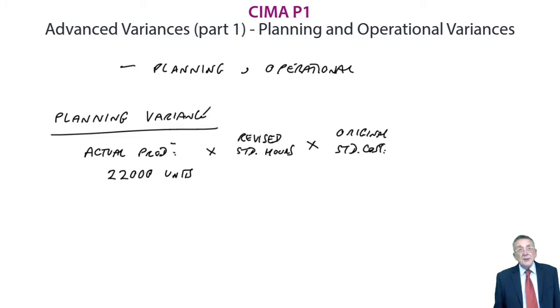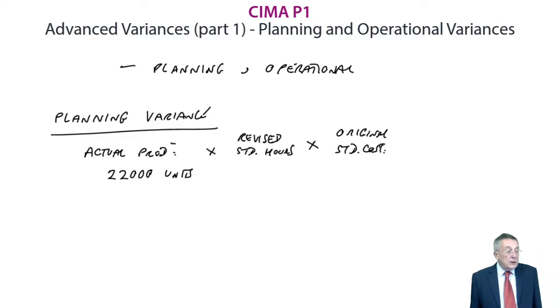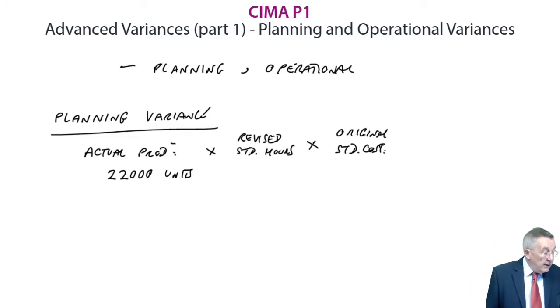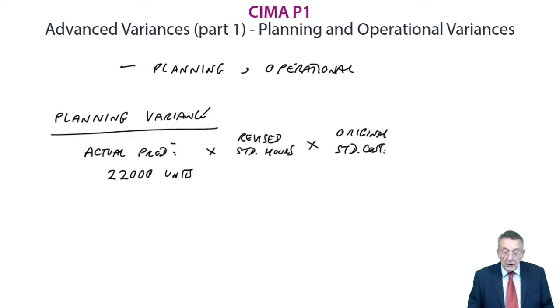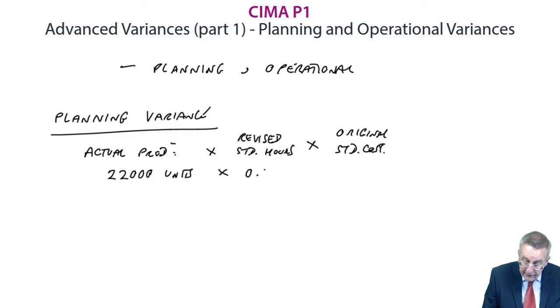Now, in some ways, a bit unnecessary here. When I say revised standard hours, we'd originally budgeted on each unit taking half an hour. There's no mention in this question of that needing to change for any reason. Presumably, we still expect it will take 0.5 hours.